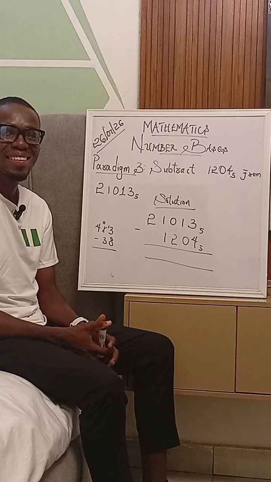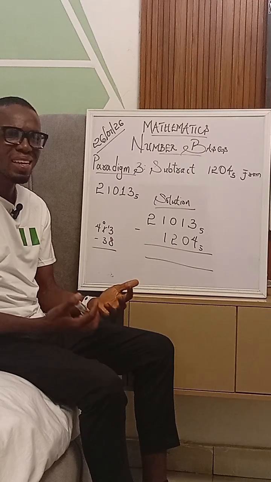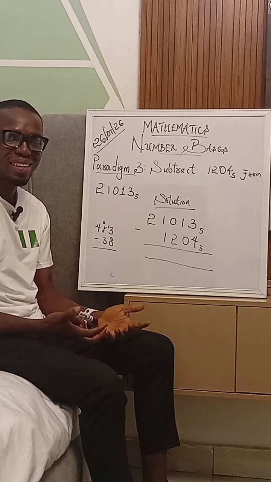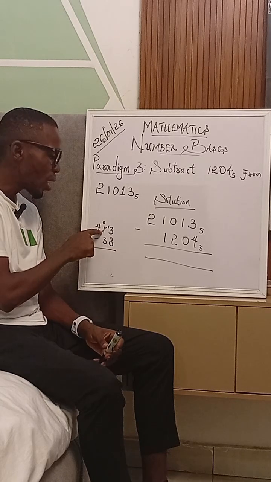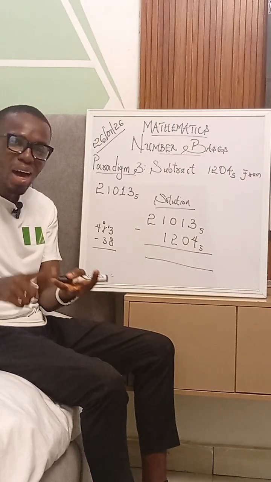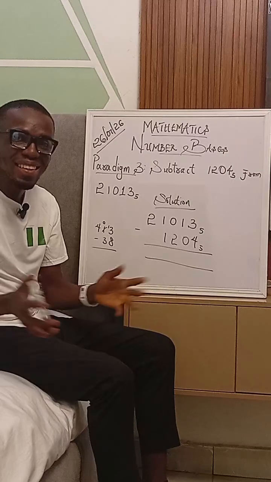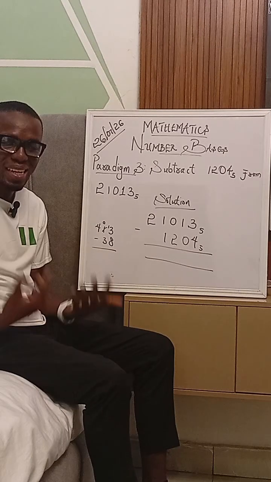That's one of the craziest things I grew up with, and later asked myself, how irrational can this be? How do you borrow 1 from here and add 1 to 3, and 3 becomes 13? You cannot add 1 to 3 to become 13.